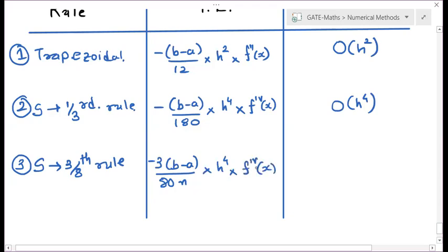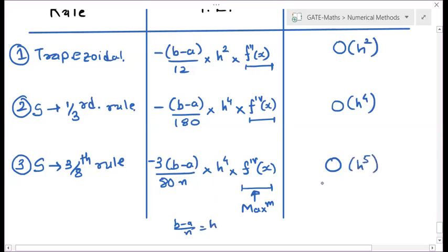And here these values f double dash, f4, you have to take their respective maximum values from the given interval. These values should be maximum, right? So here from here it is h to the power 4, but (b minus a) by n is also h. So h into h to the power 4 will become h to the power 5.